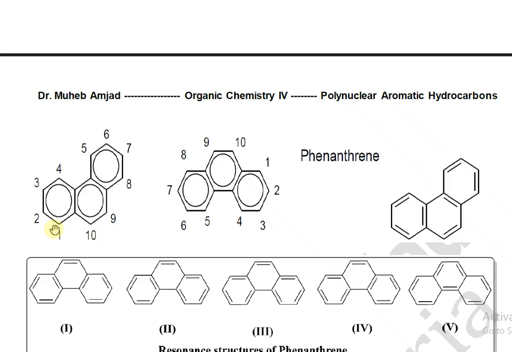It will be 1 2 3 4 from the side that has 2 carbon atoms from the neighboring cycle. This one is without a number, these are bridged carbons. Then 5 6 7 8, then 9 and 10, like that. This is the position here.